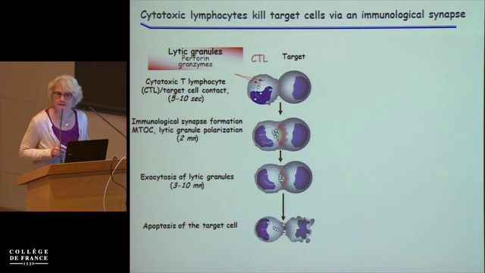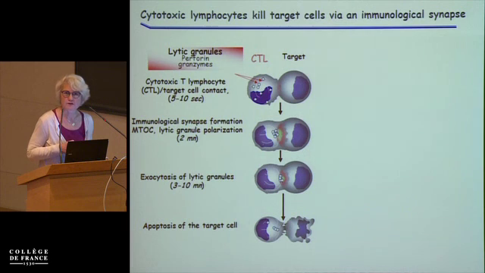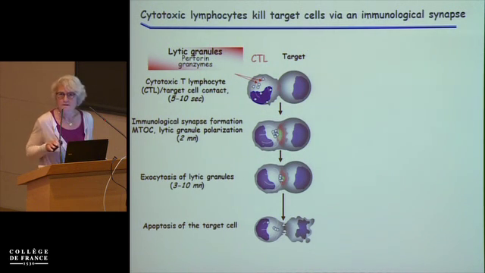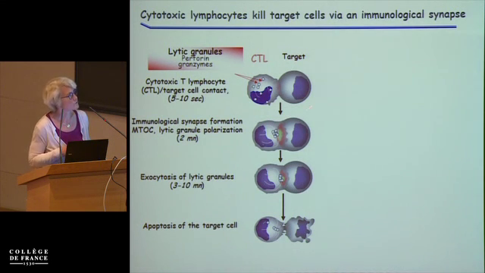Indeed, the killing ability of lymphocytes depends on the polarization and the polarized secretion of cytotoxic granules which contain perforin and granzyme. First, cytotoxic cells scan neighboring cells, and when they recognize a cognate target cell, they form a transient conjugate.